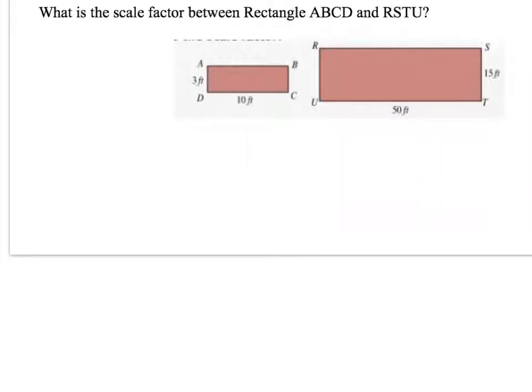Alright, see if you can now figure out the scale factor between these two rectangles. So we can go ahead and write our corresponding ratios. So that would be 3 and 15, and 10 and 50.